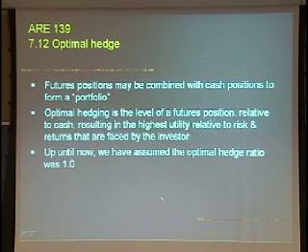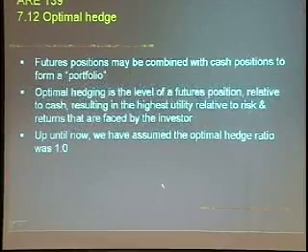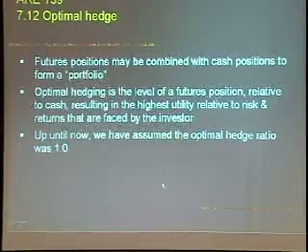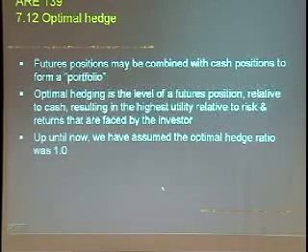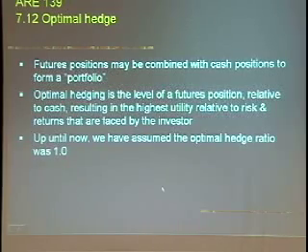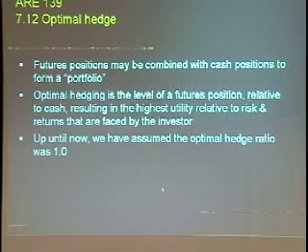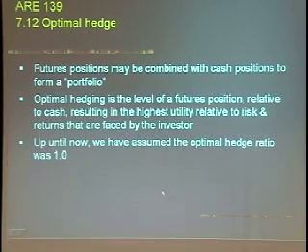And so now we can go ahead and put together the so-called optimal hedge. So as I said, the optimal hedge, we're going to keep it simple here. We're just assuming we're moving from one asset in our portfolio to two, okay? So we have a cash position, and we're going to, quote, form a portfolio by adding a futures position.